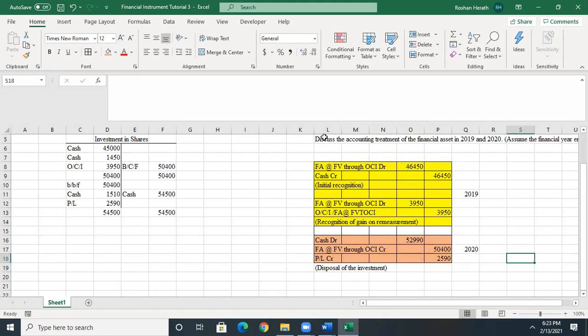And also better, since you've been asked to discuss, you can also mention that the gain which you had recognized earlier in the OCI must be transferred to retained earnings.